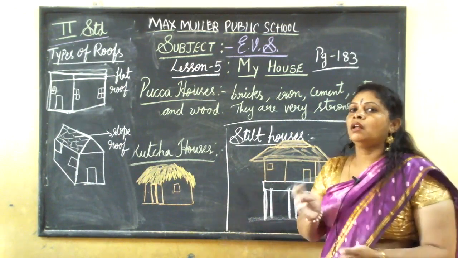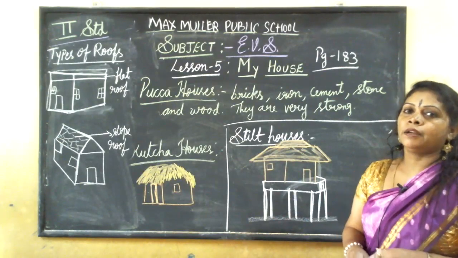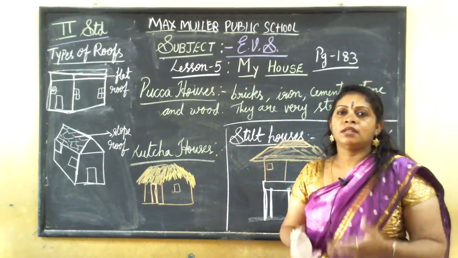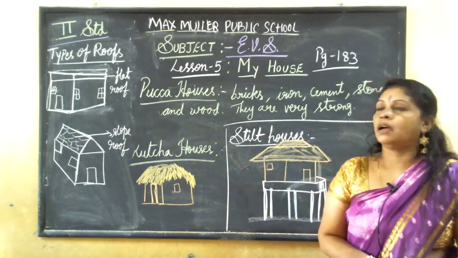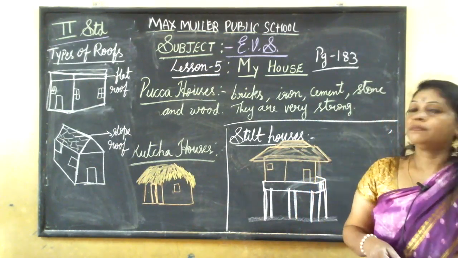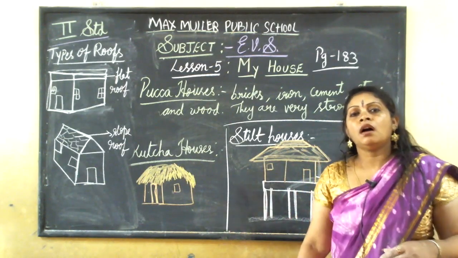What all have you learned? Why do we need a house? We need a house to live in, and it protects us from sunlight, heat, cold, and rain. Okay, and from thieves, wild animals, and insects. For everything we need a house.